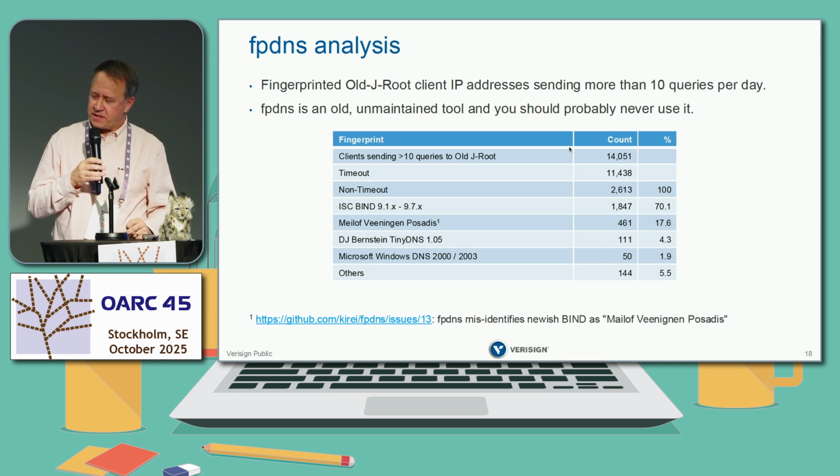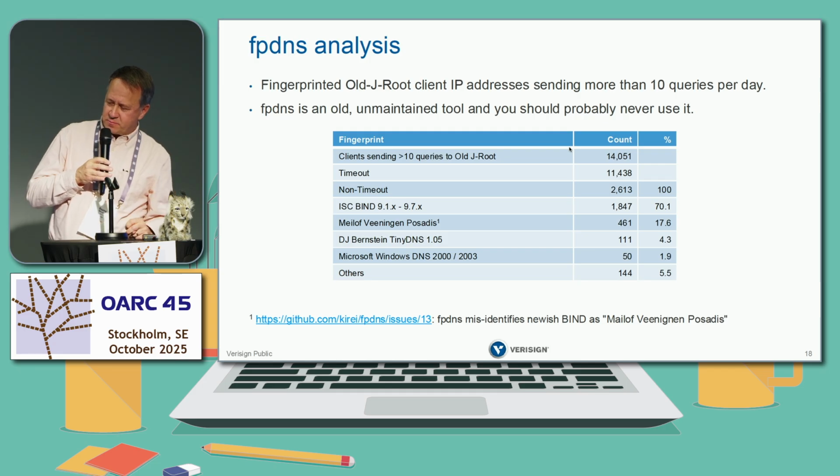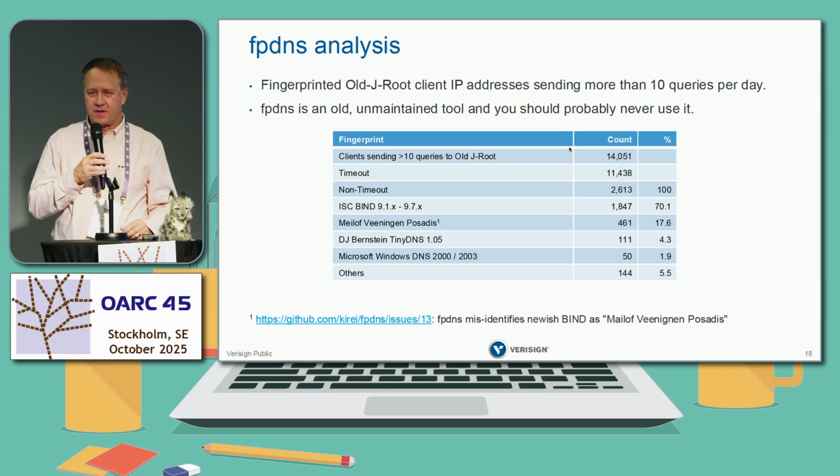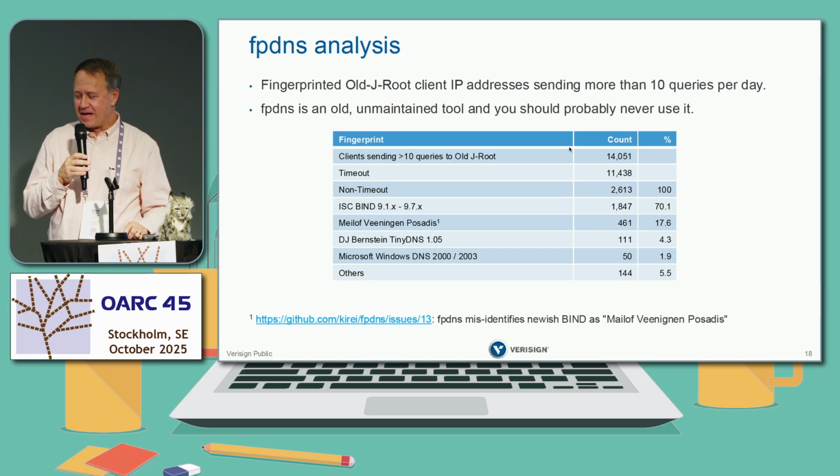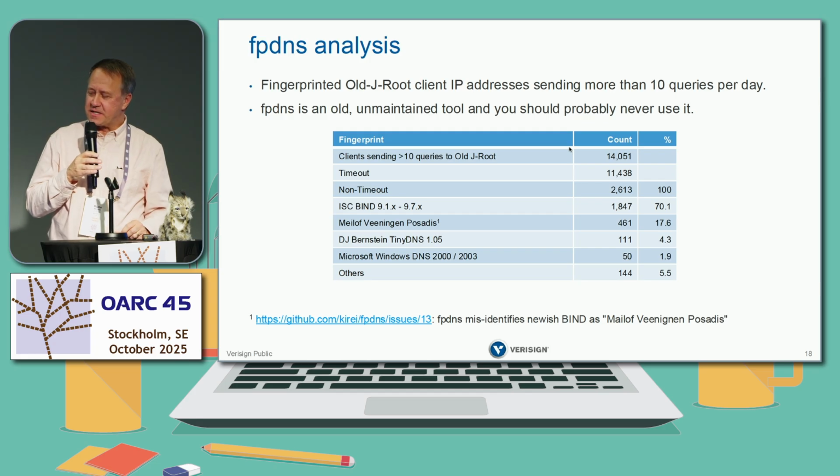There's also a pretty significant percentage that were identified as Milioff Vinigan Posadas. And if you go to the FPDNS page, you'll see that there's an open bug report for the last, I don't know, 8 years, saying that it's misidentified. So that's probably also these older versions of BIND in that group. And then there's a few others lumped in there at the end.